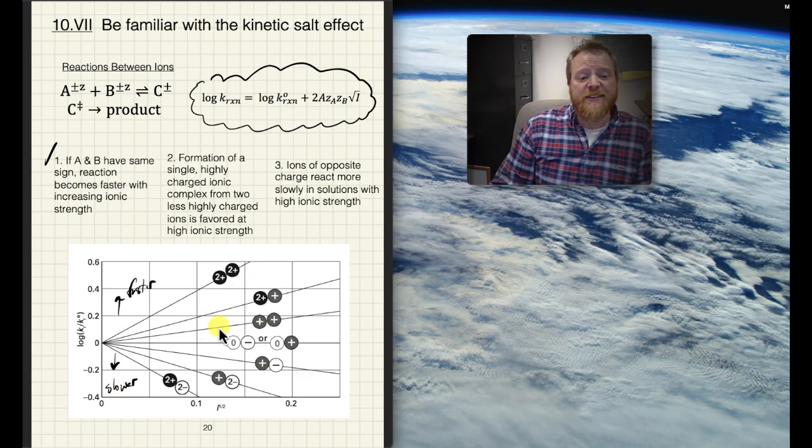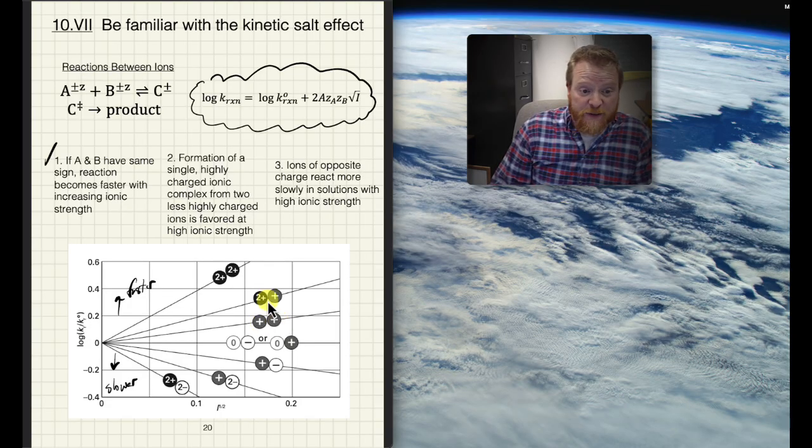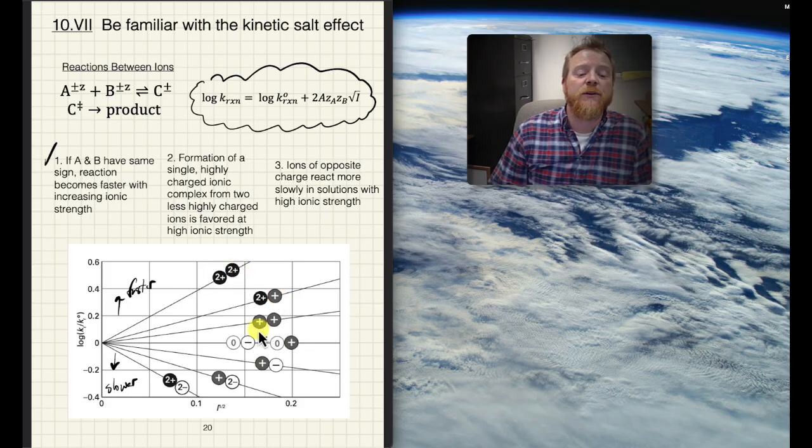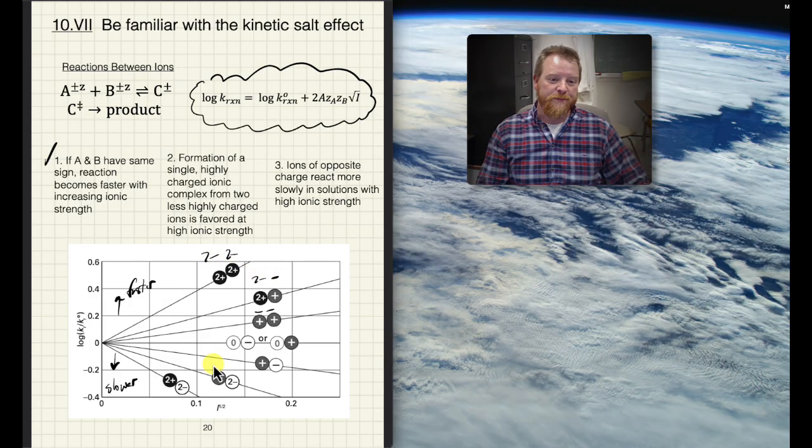So you can see here, if it's +1, +1, it gets faster, but not as fast as if it's +2 and +1, or even +2 and +2. And we would similarly see that if it was minus and minus, 2 minus and minus, or 2 minus and 2 minus. So that's an unexpected result.